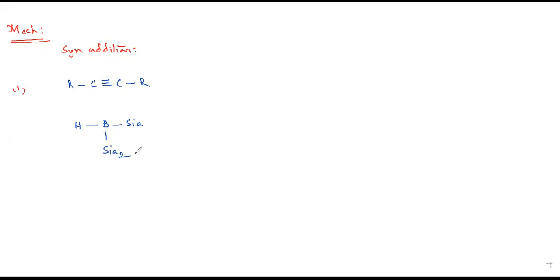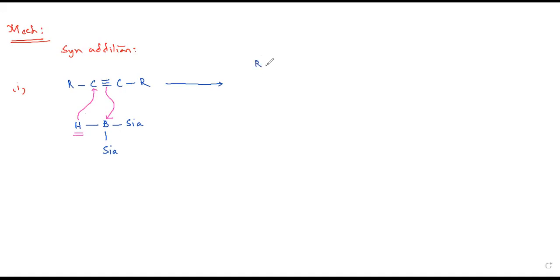So this is our disiamylborane. In the first step, as usual, you can connect this here, and this gets connected to this. The same thing that we have seen with hydroboration in the preparation of alkenes. Very interesting.